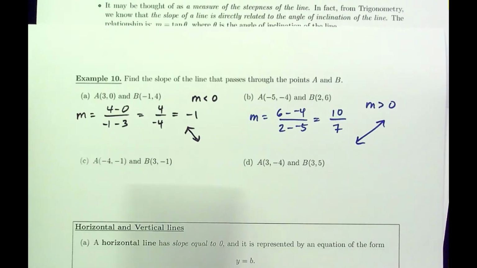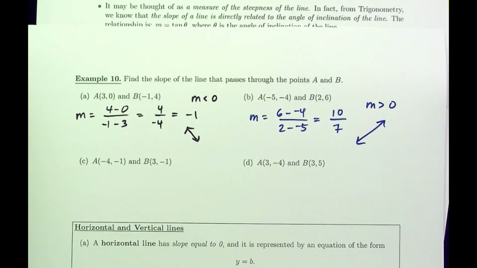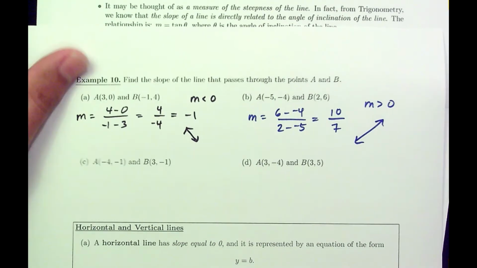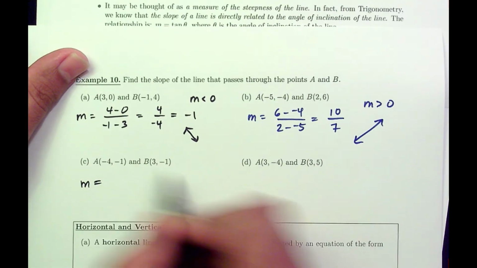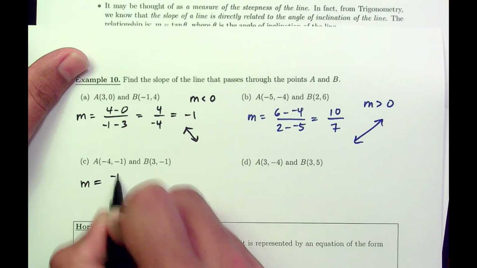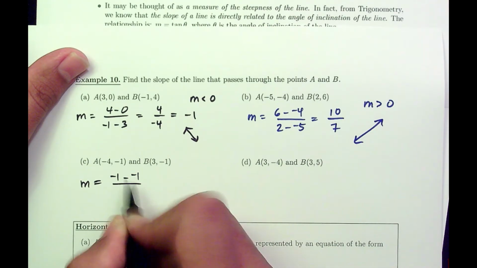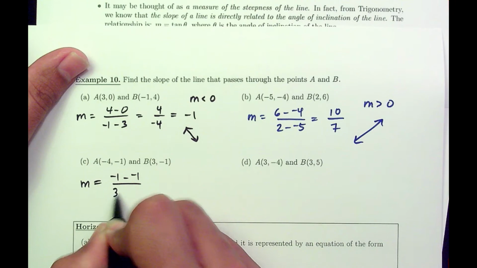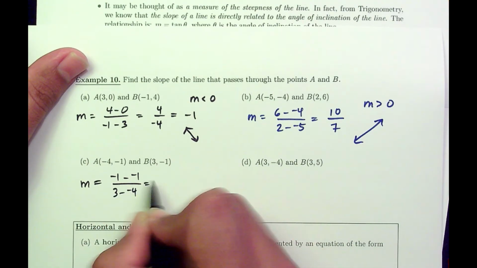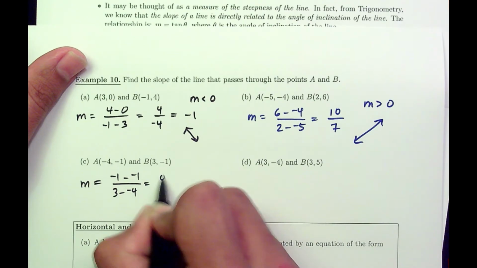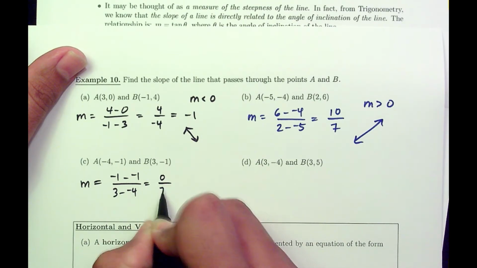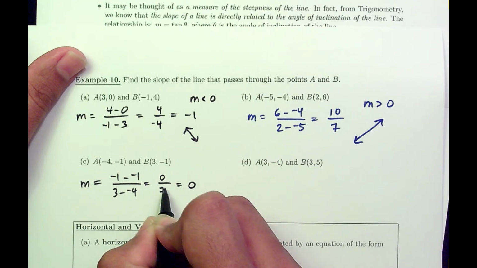Alright, now let's compute the slope of the next two. What is the slope of this one? Subtract the y's, negative 1 minus negative 1, over, subtract the x's, 3 minus negative 4. This is negative 1 plus 1, which is 0, over 7, which is 0.